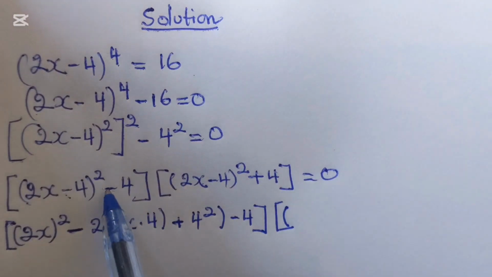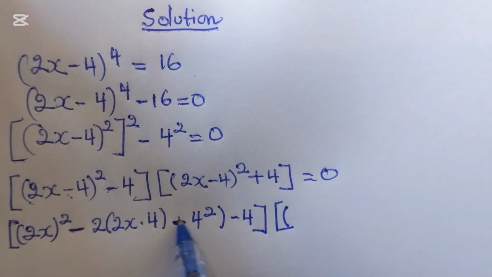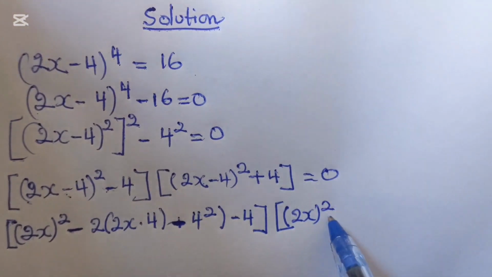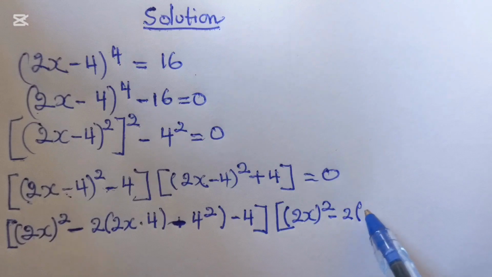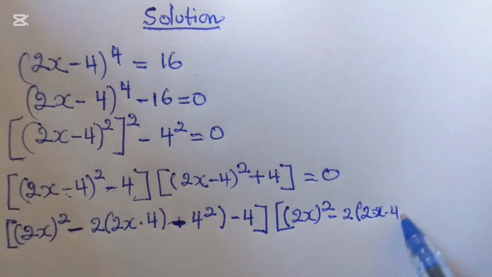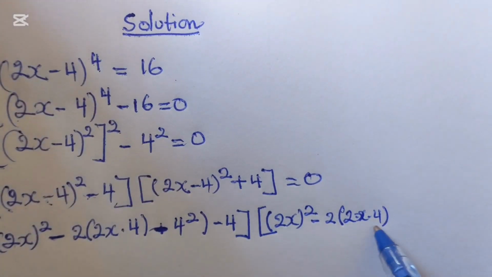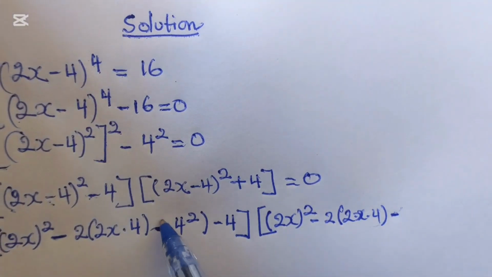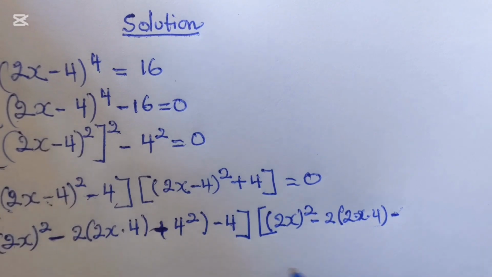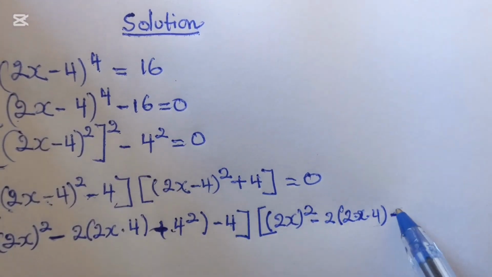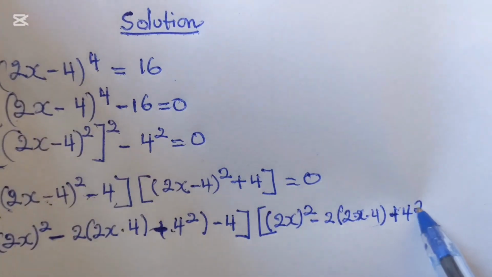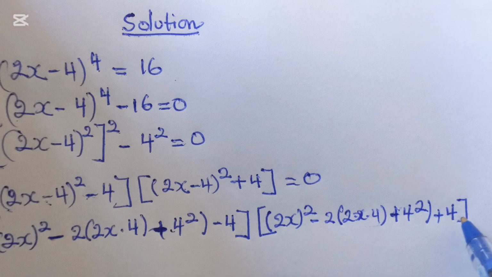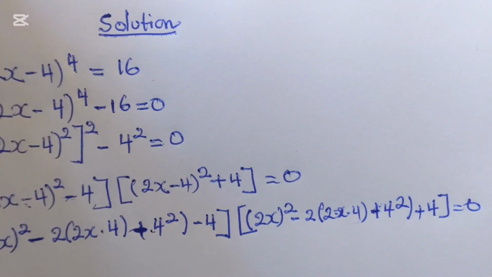Because here you have a negative, and then (2x)^2 minus 2x times 4, and then here we have plus 4, because I was mistaken. Then here we have 4 squared, then plus 4 to be equal to 0.